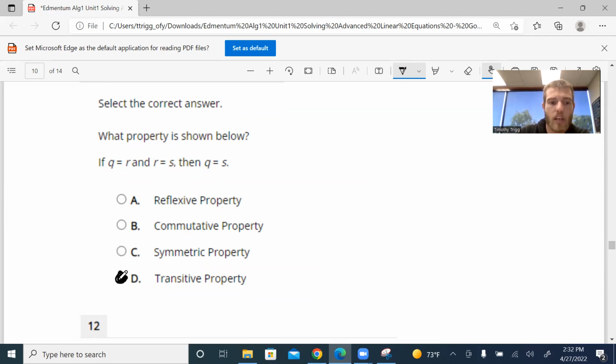Essentially, the transitive property says that if two different things both equal the same thing, that means these two things equal each other. So notice Q equals R, S also equals R. That means Q and S are equal to each other. You can see that there. So that's called the transitive property. Okay.